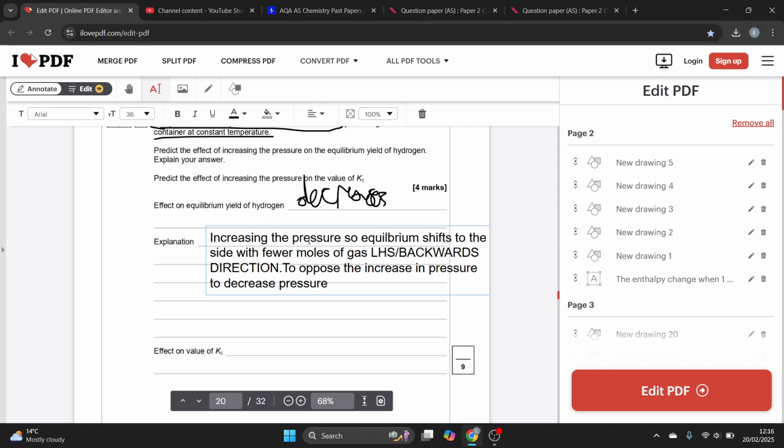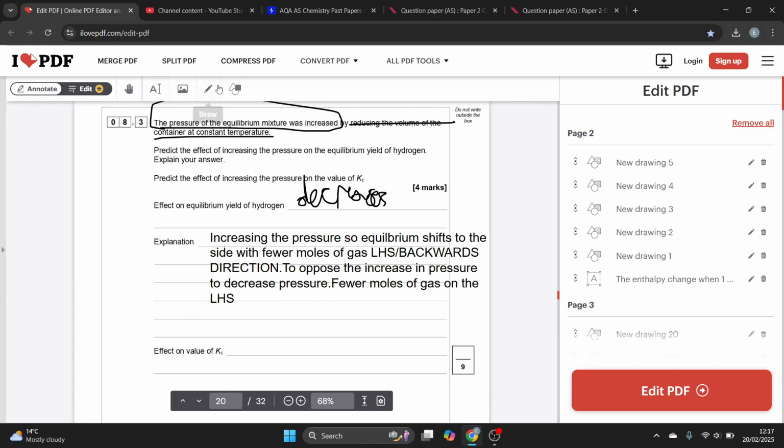Equilibrium moves left, in the reverse direction, backwards direction, to oppose the increase in pressure, to reduce pressure, and there are fewer moles on the left hand side. Fewer moles of gas on the left hand side. I basically said that, yeah. Shift to the side with fewer moles of gas, the left hand side.